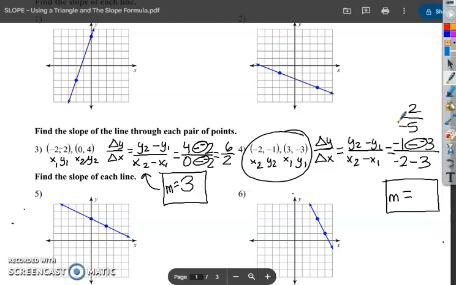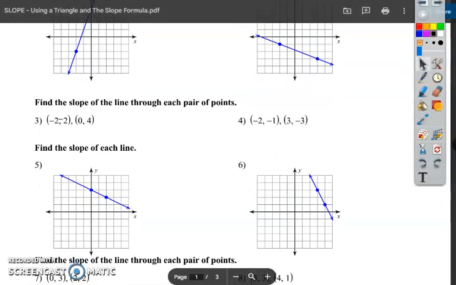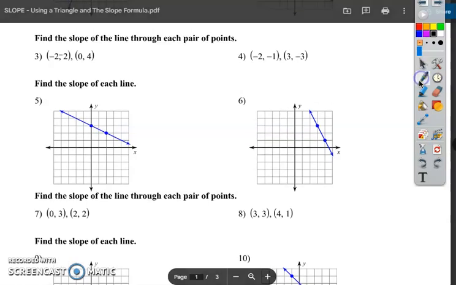It can be a negative on top, a negative on bottom, or a negative in front. So make sure you have these notes. This is how you're going to complete this paper. I'm going to do one more slope triangle with you, and then you'll go from there. If you need a separate sheet of paper, that's fine, but you do need to staple it to this.